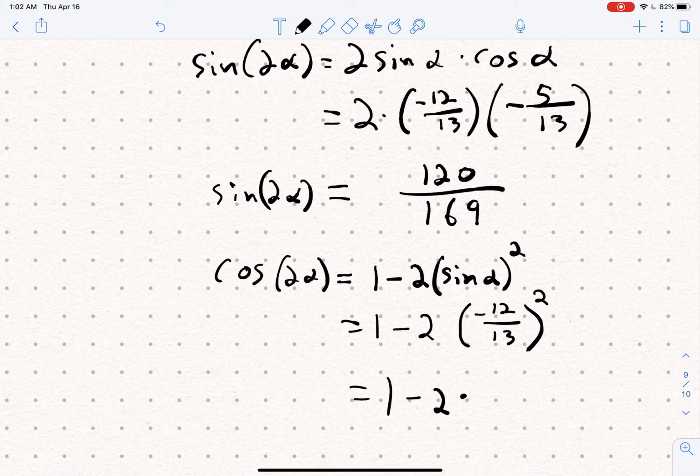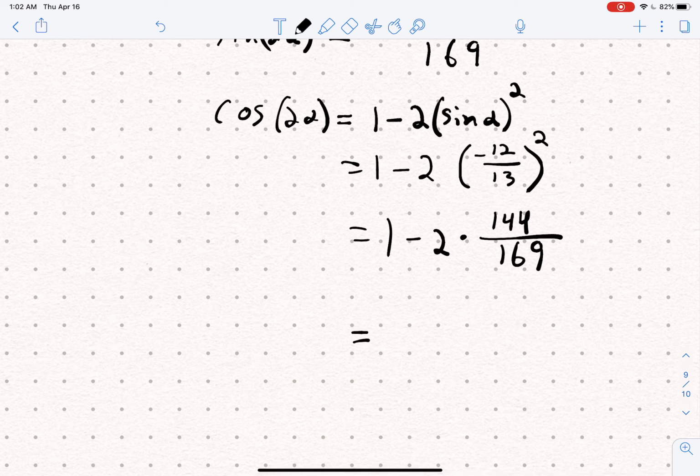The negative times a negative is going to make it positive. 12 times 12 is 144, and on the bottom, 13 times 13 is 169. I can multiply the 2 times this fraction. The 2 goes on the top, think of that as 2 over 1. So 2 times 144, this is going to be 1 minus 288 over 169.